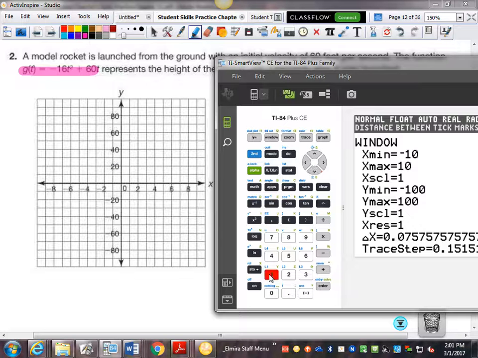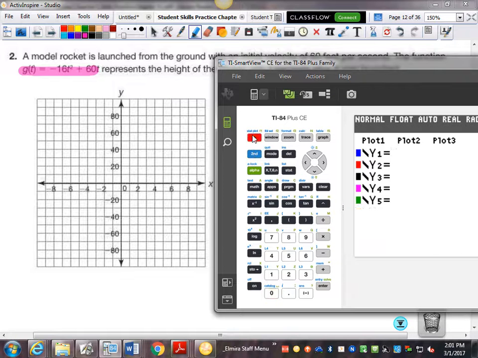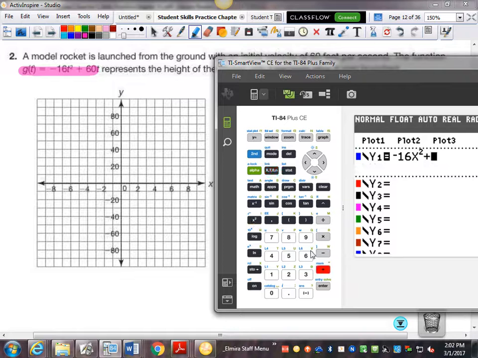Each box counts for 10. Okay, so now when I go to my y equals and I put in my function and I hit graph, it's going to at least somewhat match the picture I see here. So y equals, and put in -16 x squared plus 60 x.